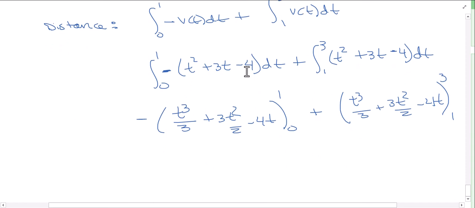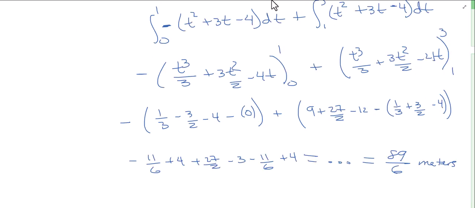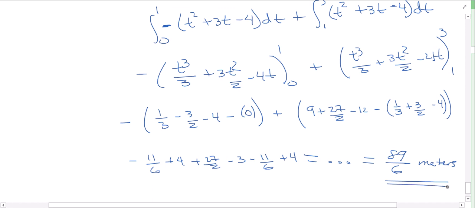And then evaluate and simplify, and that will be our total distance traveled. So let me do that and see if we get the same answer. After you plug everything in and keep track of your negatives, it reduces to 89 over 6 meters. So that will be the total distance traveled.